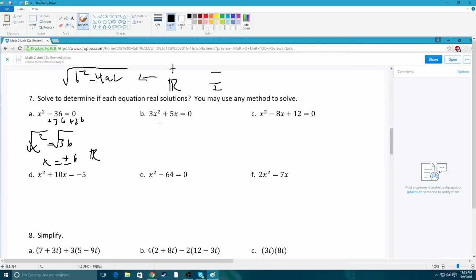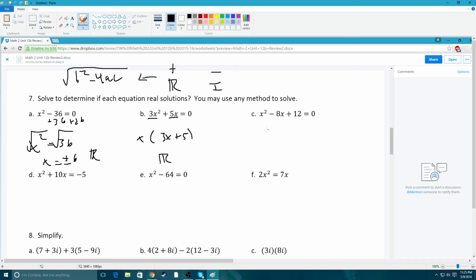Okay, for this one, don't get sucked into the whole adding things because these both have x's in them. So we're going to factor out an x, and you're left with 3x plus 5. And since we're not dealing with square roots here at all, this is going to be real. The answer is going to be 0 and negative 5/3.